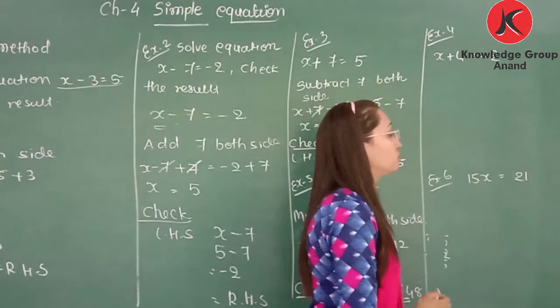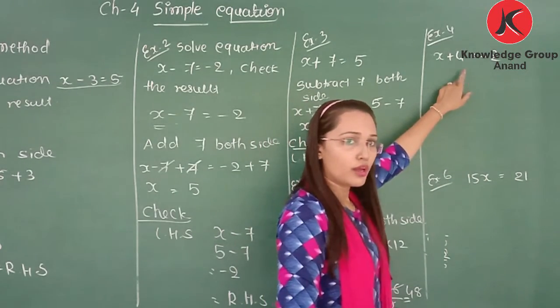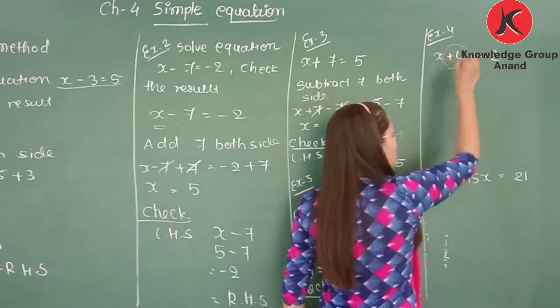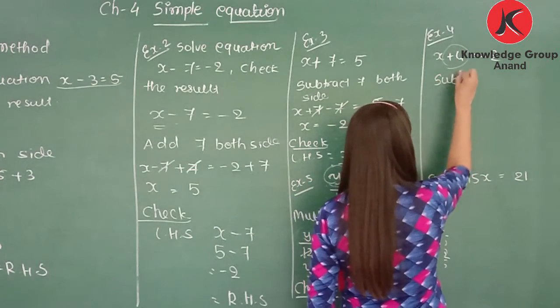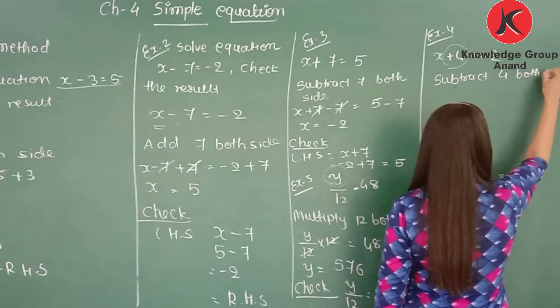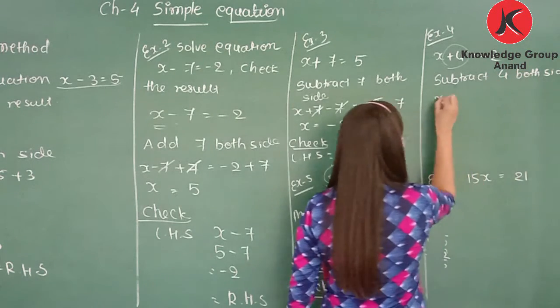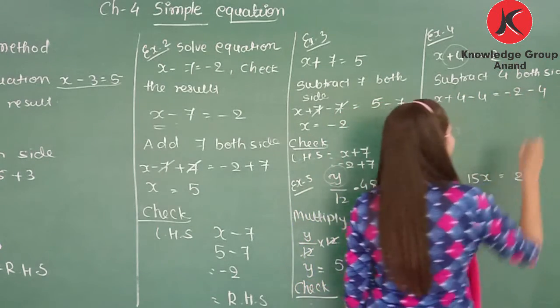Now next one. Example 4. Here x plus 4 is equal to minus 2. Now you need to remove this plus 4. So here we can write subtract 4 both sides. So we can write x plus 4 minus 4 is equal to minus 2 minus 4.